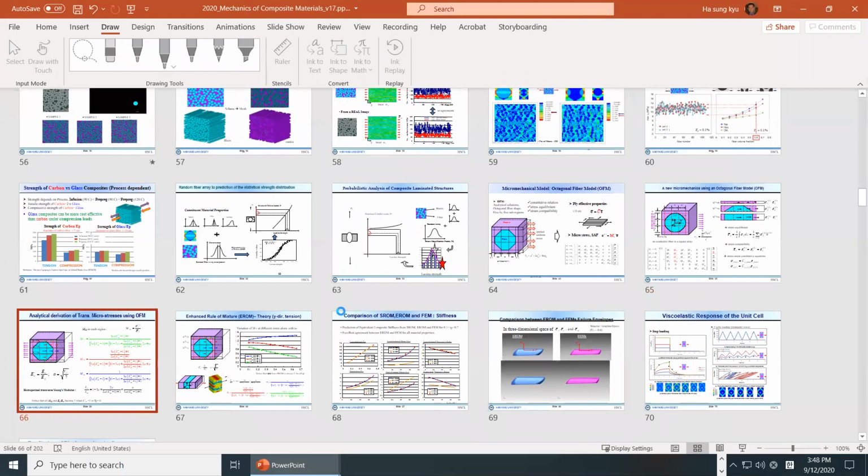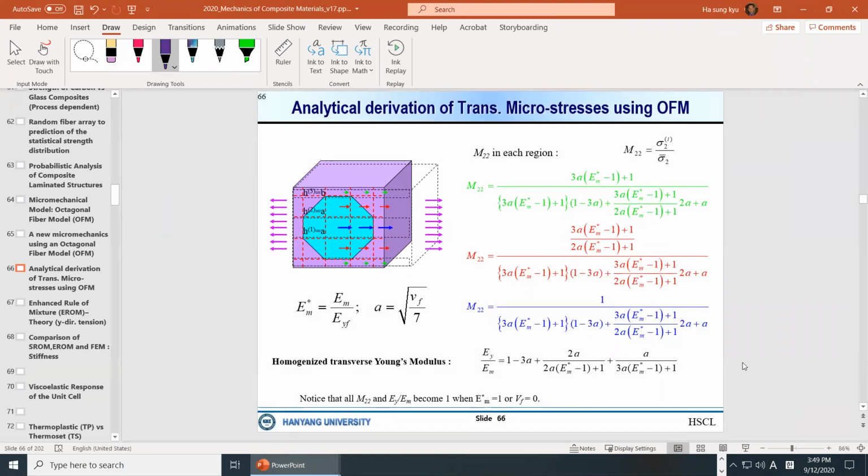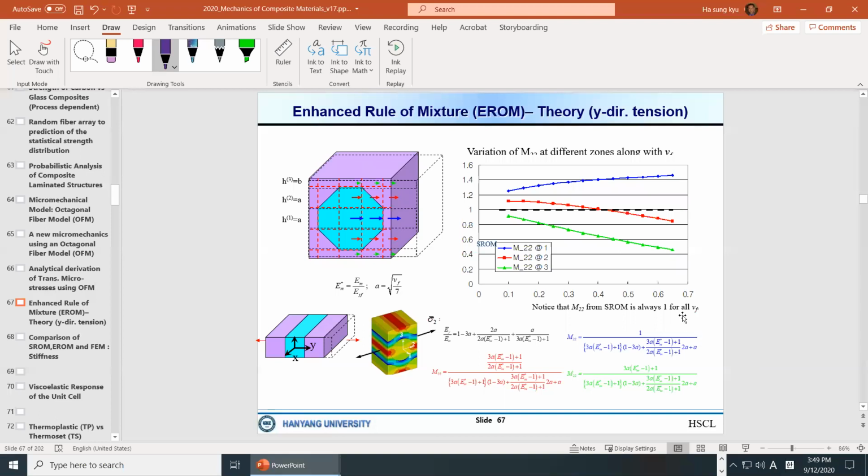Here, as you can see, this is the M matrix, the stress amplification matrix, and this is not a numerical value. This is derived equations in terms of all the geometry and material properties and so on. And this is a very interesting and very useful result.